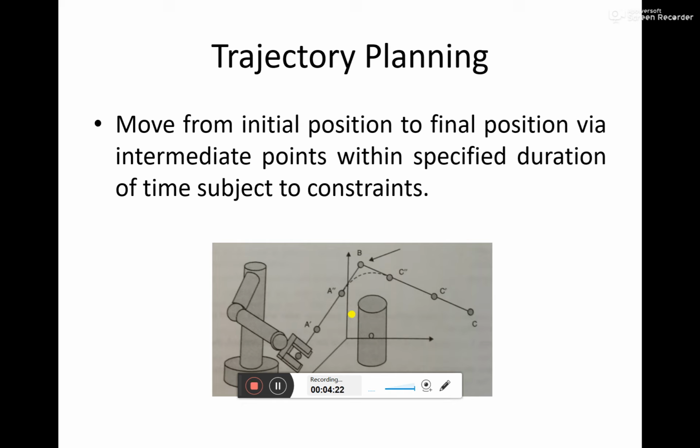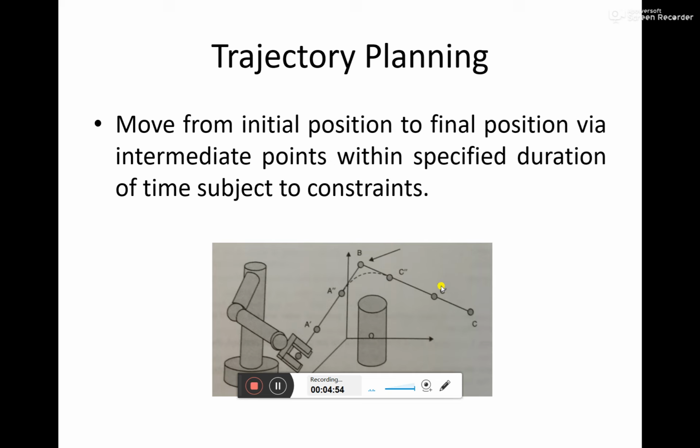Moving from the initial position to the final position via intermediate points within the specified duration of time. For example, from A to C, the operator may have the idea that it may take 1 minute or 2 minutes. Within that time only you have to make the robot manipulator move from point A to C.